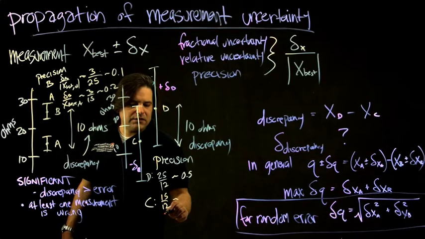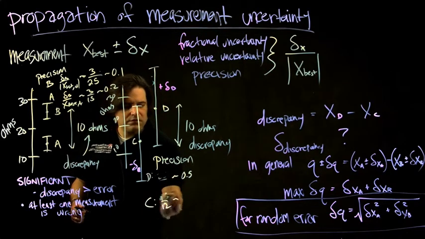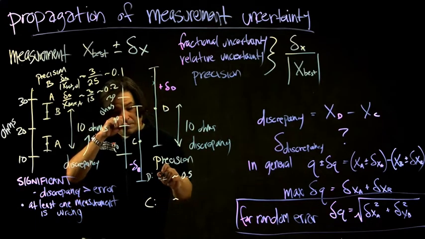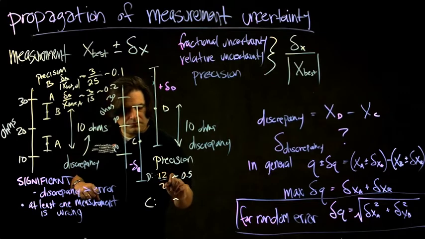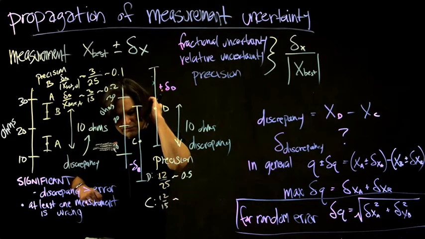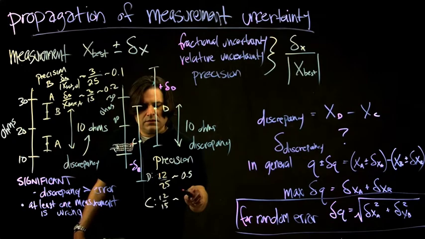Oh wait, what am I doing? Should be the other way around. 12 over 15. So that's basically, if we divide this by 3, this would be 4/5.